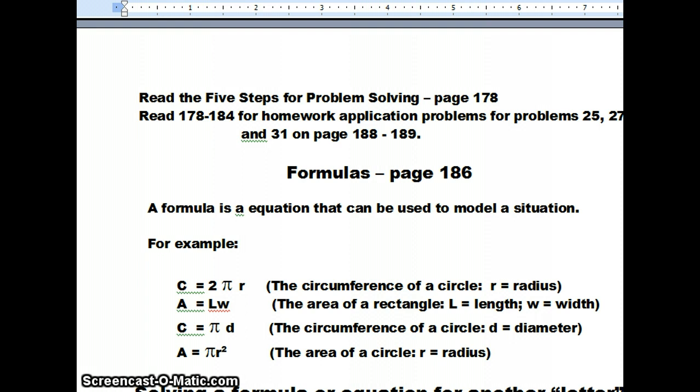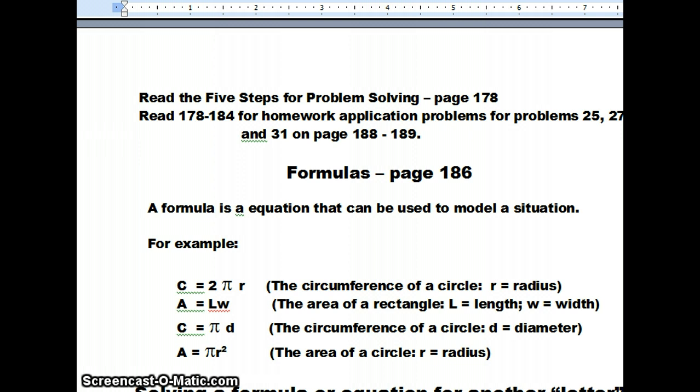On the next page of your lecture notes, at the top of the page, you can read this, and the textbook actually has one of the better explanations that I've ever seen for solving problems and for doing word problems. So if you would read 178 to 184, it will give you a really good idea of the 5 steps for problem solving.